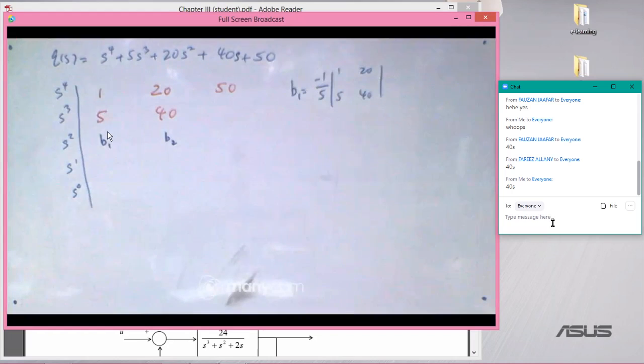The multiplier is -1 divided by 5, the first element on the previous row. In the determinant, the first column is just 1, 5, and for the second column you go one column to the left, 20 and 40. Then you can evaluate that, and that will give you 12.